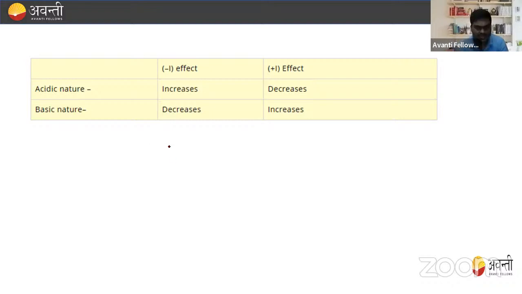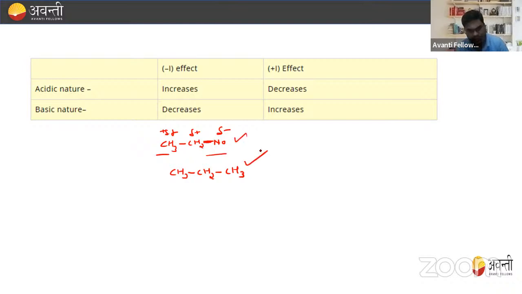So if someone asks out of CH3CH2 and CH3 versus the one with NO2, which will be more acidic in nature? Obviously we can say that here one electron withdrawing group is added, so it will show the minus I effect. Due to the minus I effect, it will increase the acidic nature. So we can say that this one is much more acidic as compared to this.